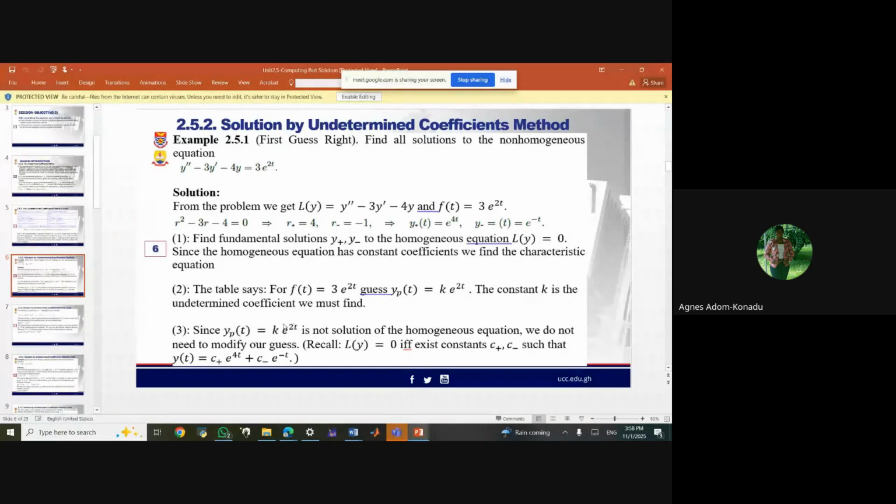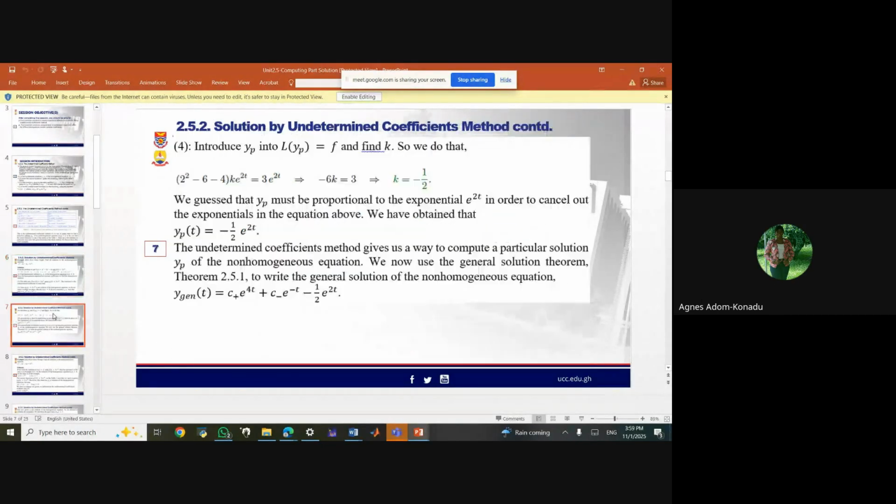What will be the first derivative? It will be 2k e to the power 2t. And what about the second derivative? It is 4k e to the power 2t.